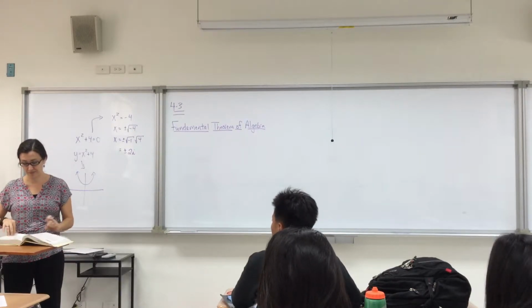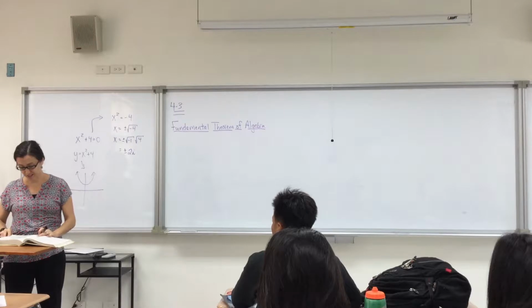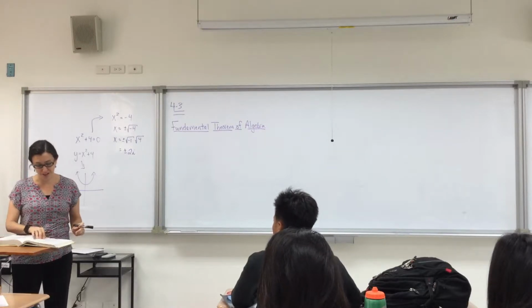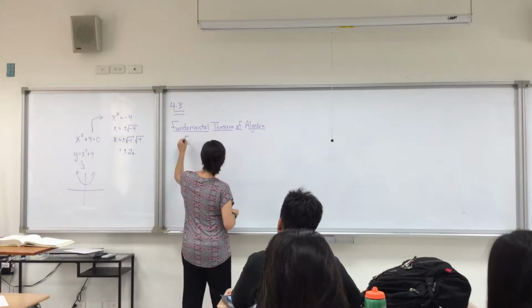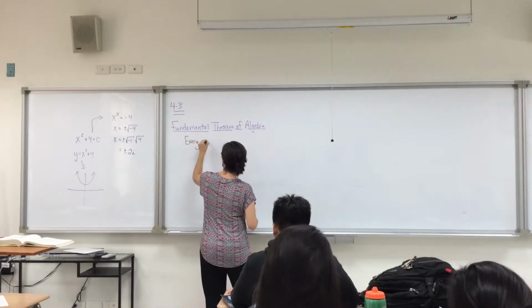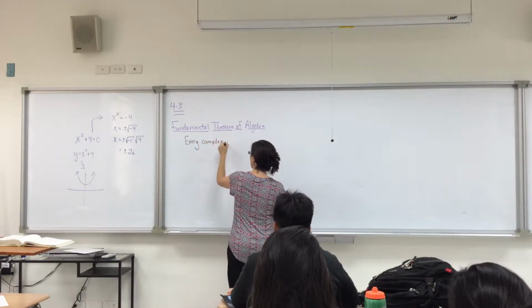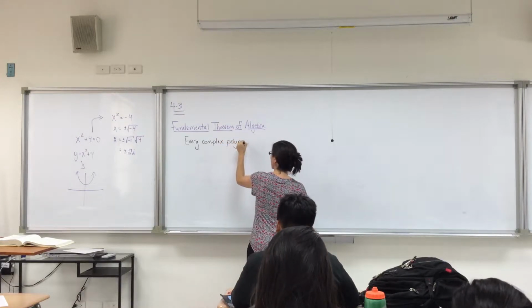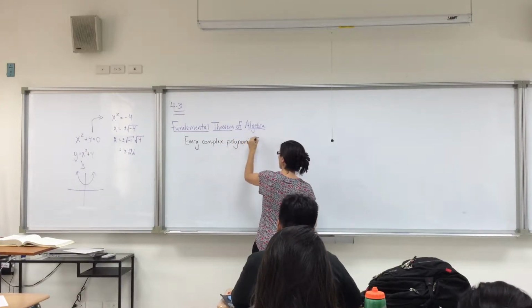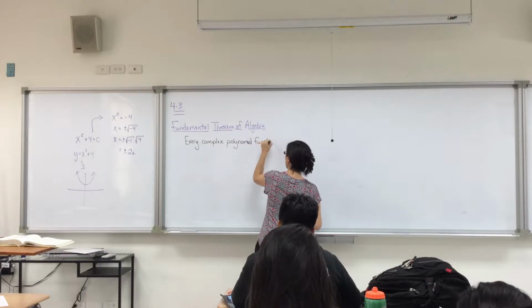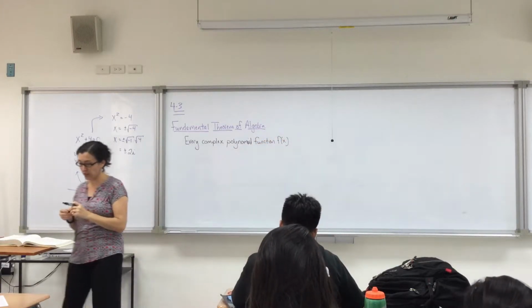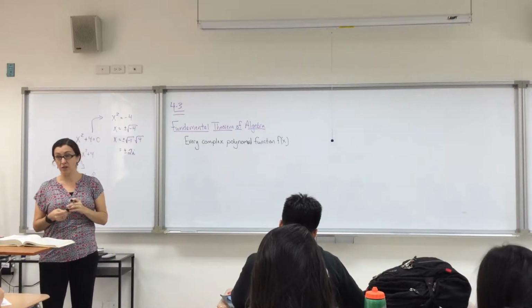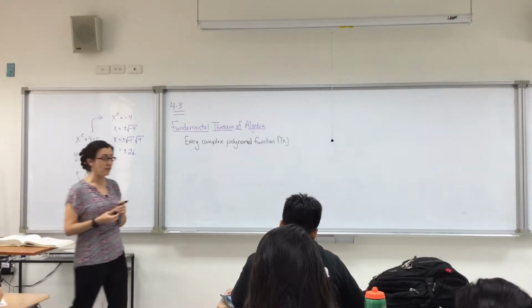Sounds exciting. So the fundamental theorem of algebra says every complex polynomial function, call it f of x, with a degree greater than or equal to 1 has at least one complex zero.